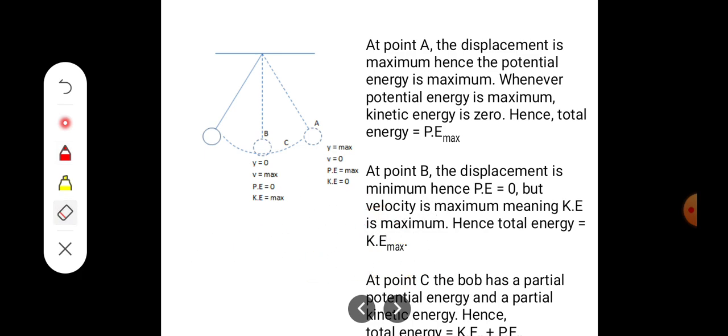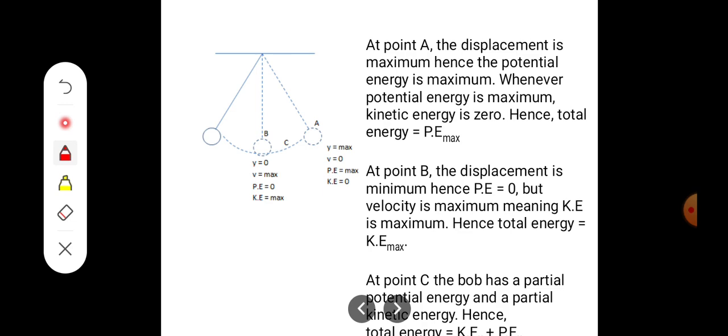Now let's look at point B. At point B, the displacement is minimum, hence potential energy is 0. But velocity is maximum. Anytime displacement is minimum, velocity is maximum, meaning that kinetic energy is maximum. So in that case, the total energy is the maximum kinetic energy. But at point C, the bob has partial potential energy and partial kinetic energy.